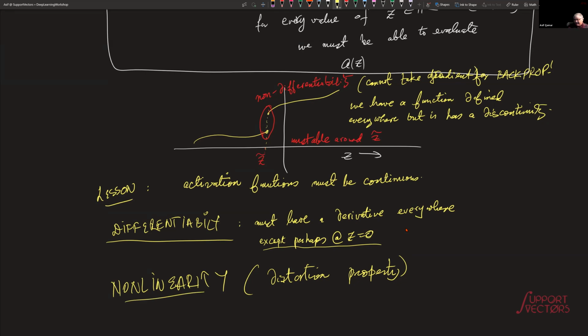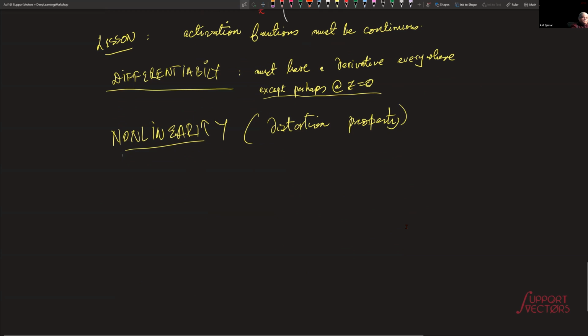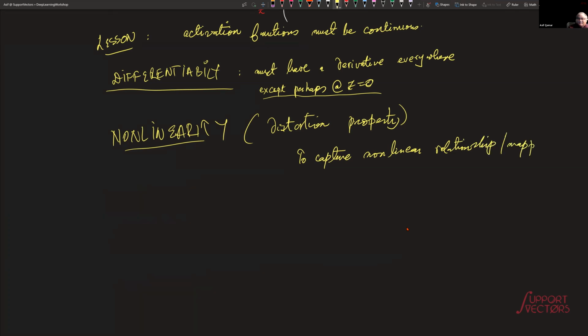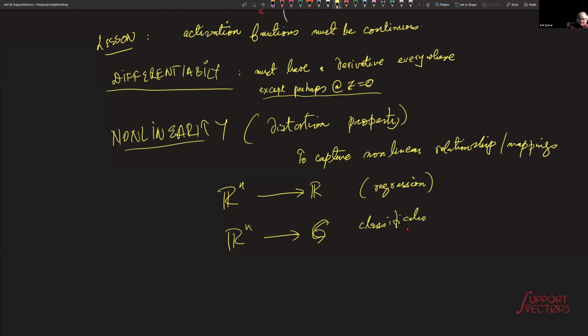In other words, to capture nonlinear relationships, mappings, if you want to be more formal, of Rn feature space to either R for regression or Rn to, you know, what was this? Categorical classification. So this is literally a nonlinear relationship, isn't it?